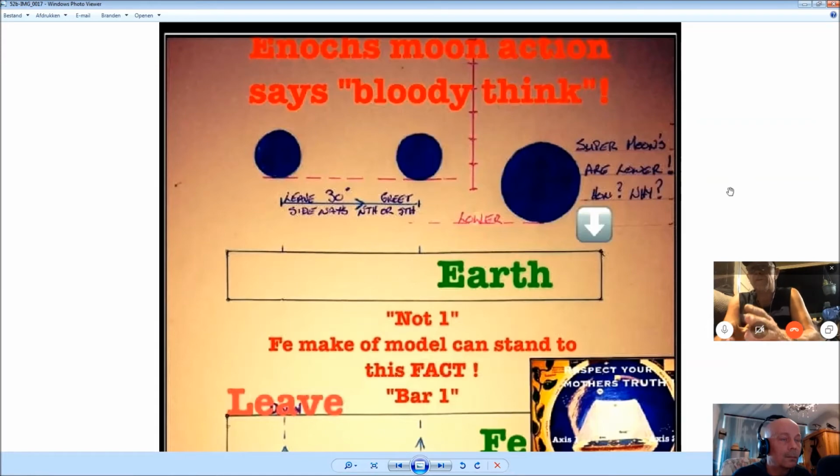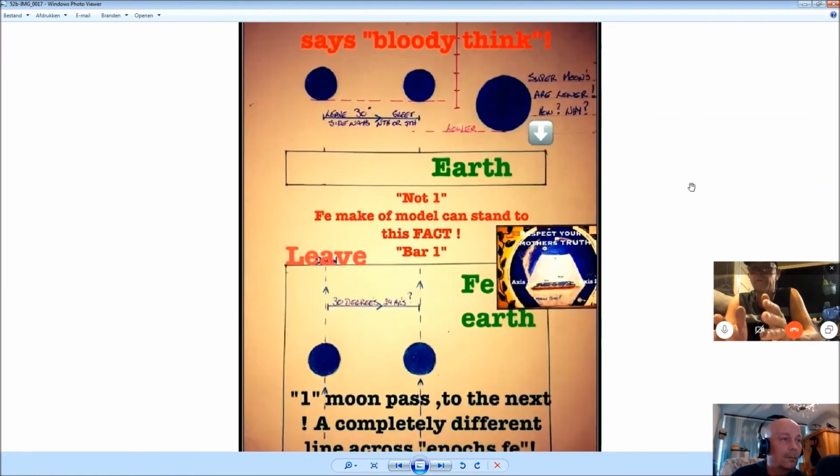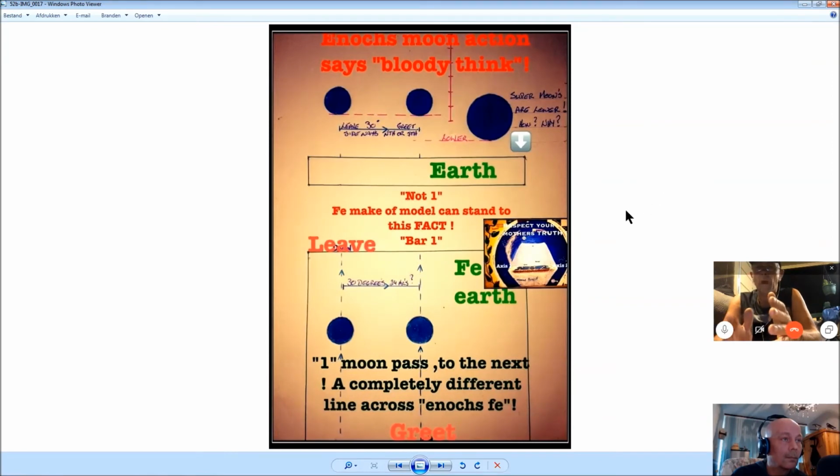This is the visual of the moon's jumping from one day to the next, 20, 30 degrees on the horizon. Now, this is impossible, again, on any theory, fantasy of flat Earth or of a globe, ball, oblique, spheroid Earth.